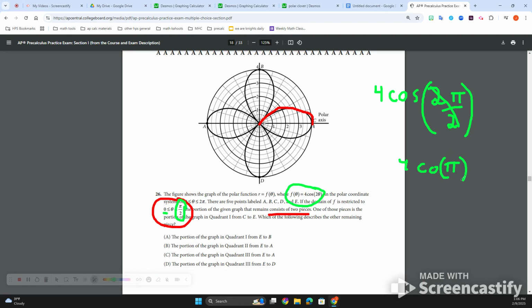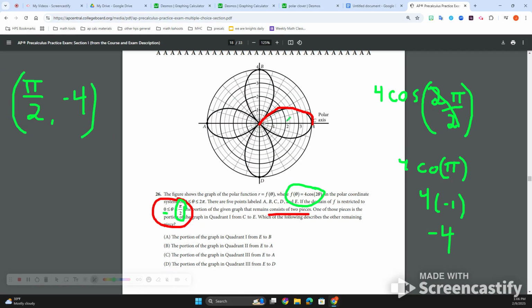Cosine of pi I know from earlier is negative 1. So at pi over 2, negative 4 should be on the graph. Pi over 2, which is 90 degrees, negative 4 is on the graph.